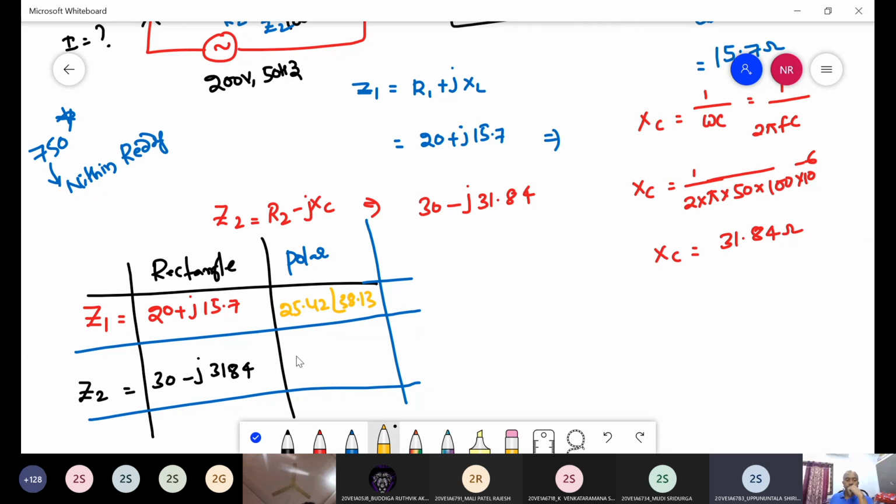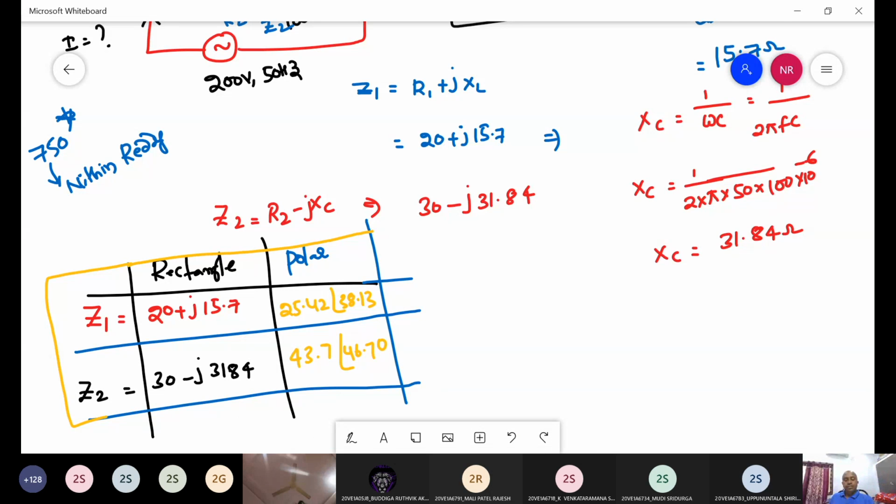Z2: R equal to 43.7, theta equal to 46.704. So these are the Z1, Z2 values.